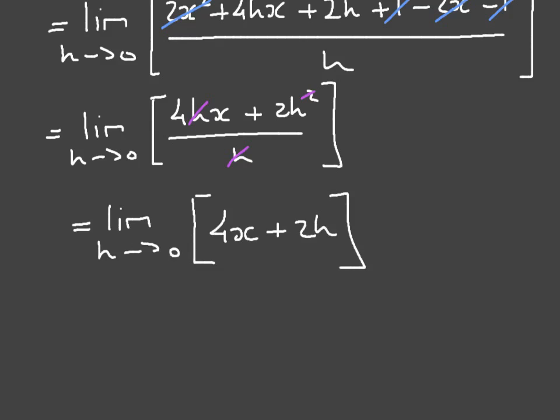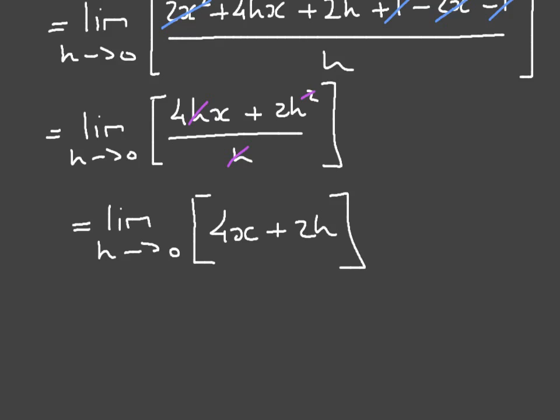But now, to take the limit, you need to ask yourself, looking at the expression 4x plus 2h, what type of value or what expression is that going to get very, very close to if h gets very, very close to 0?